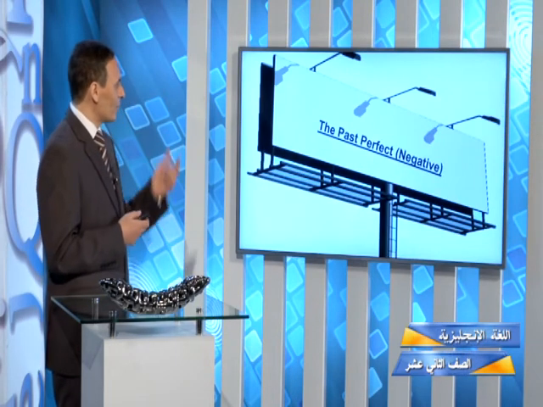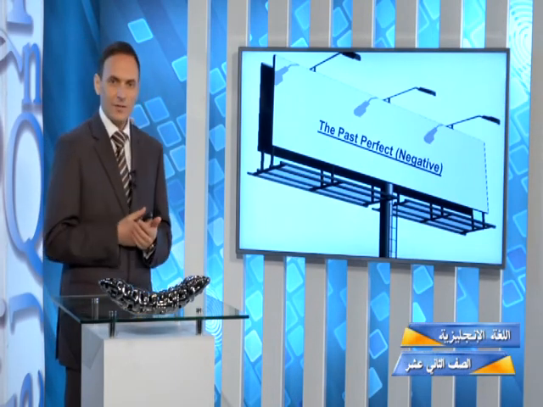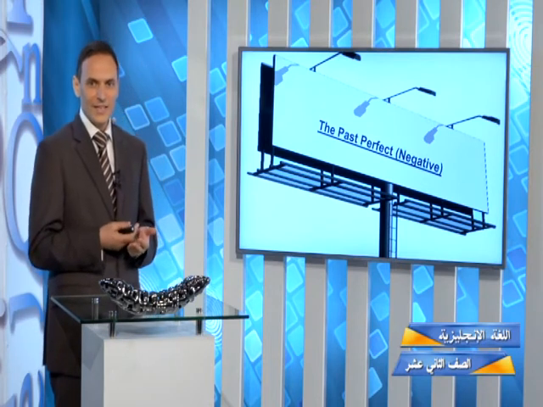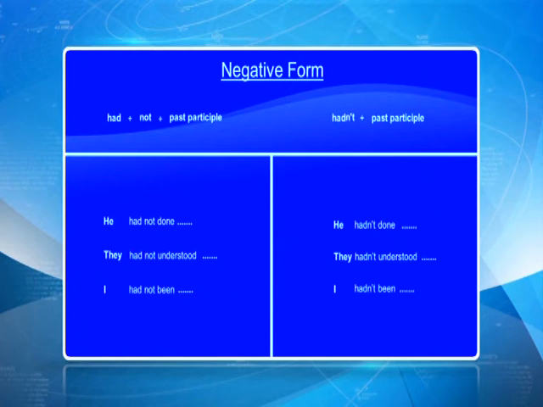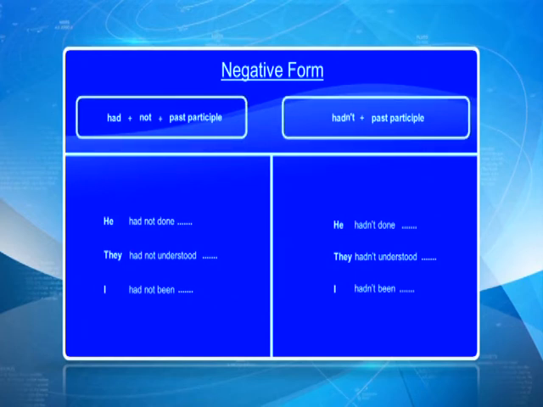So how about the past perfect verbs which are in the negative form? Now, to form the negative form, we use had plus not plus past participle, and the short form is hadn't plus past participle. Let's see some examples. He had not done.